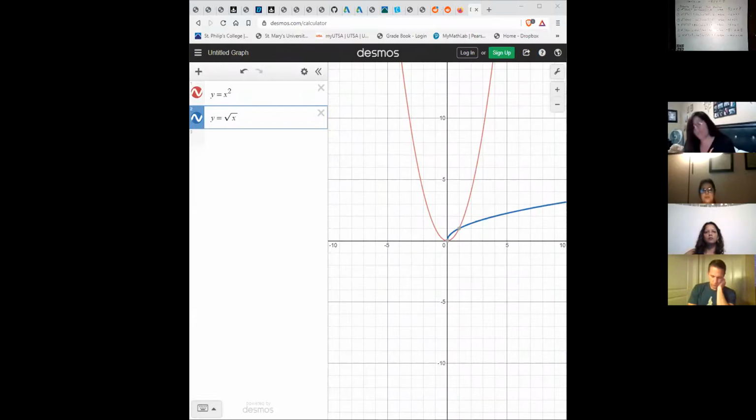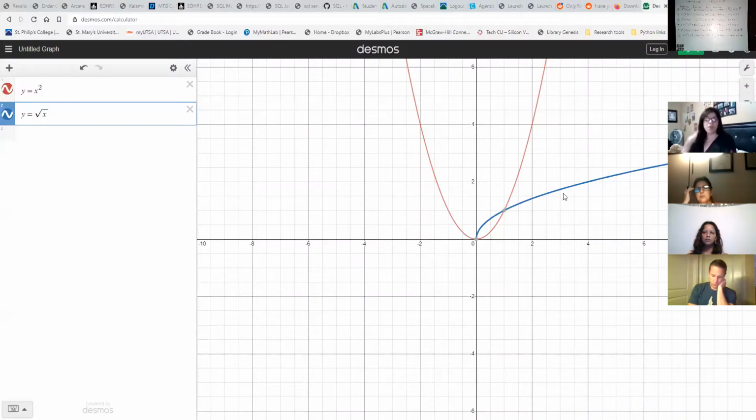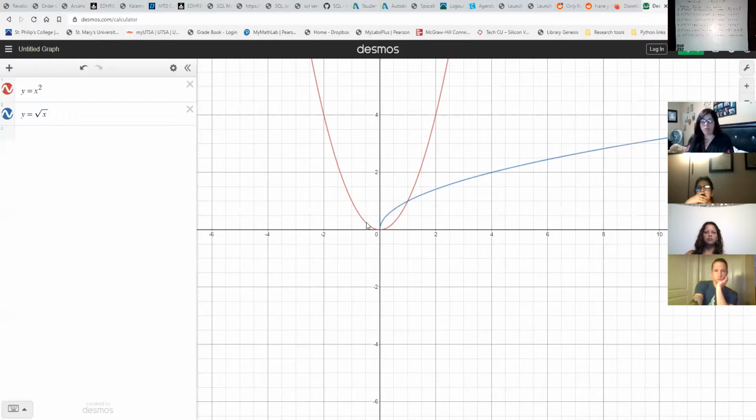Okay. So there's a couple of requirements. You still see the graph? For a function to have an inverse, it has to be a function, of course, but also it can't fail the horizontal line test.